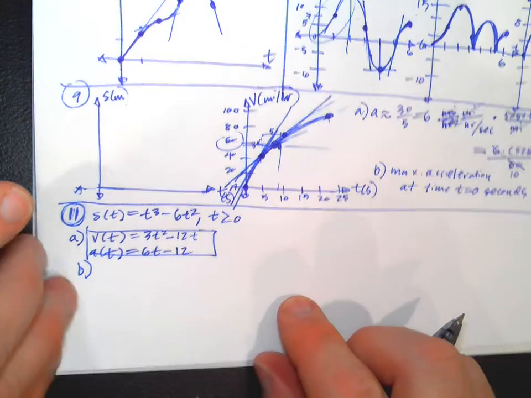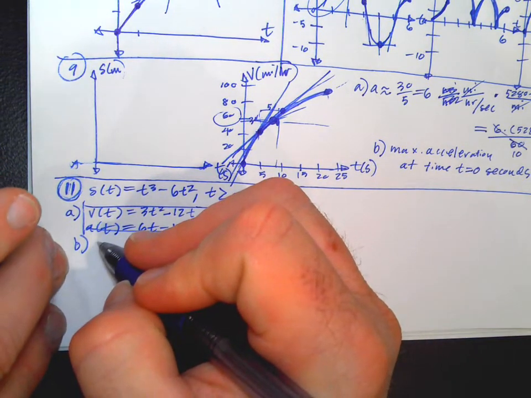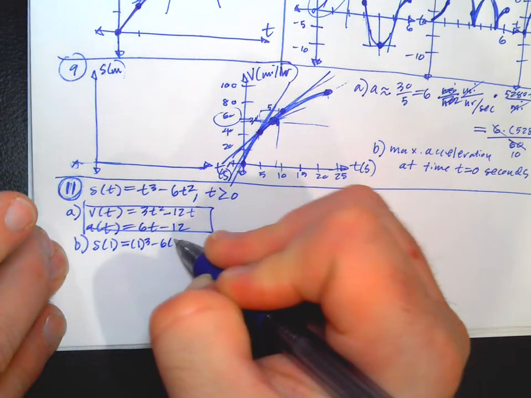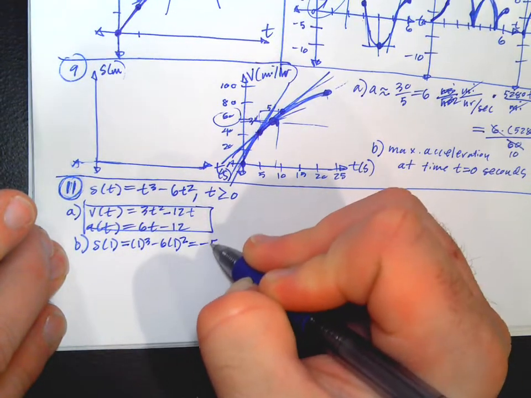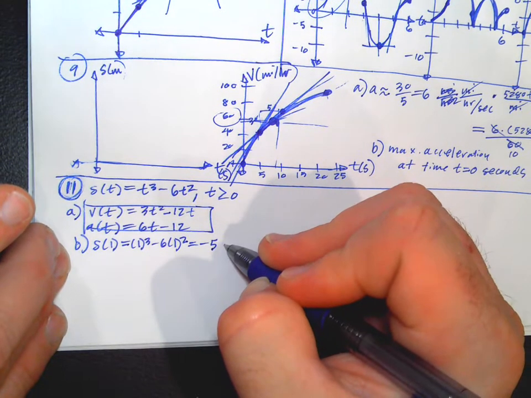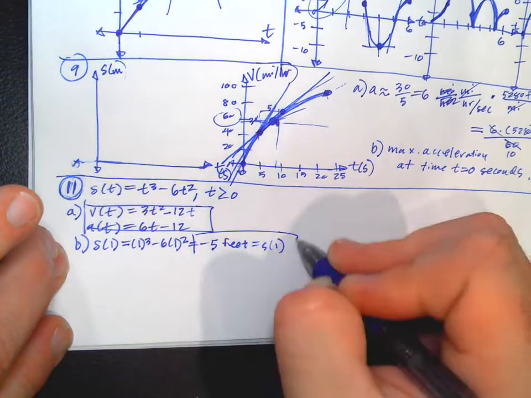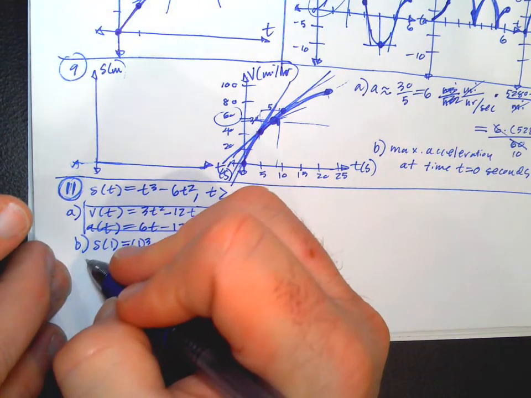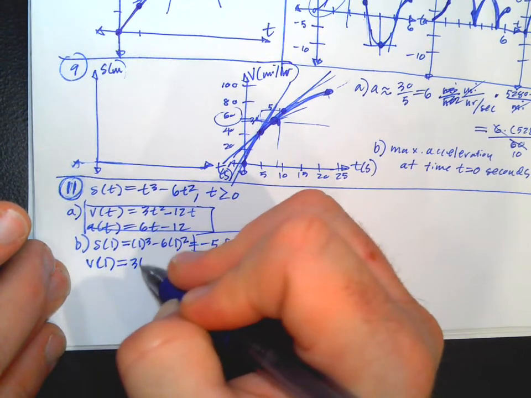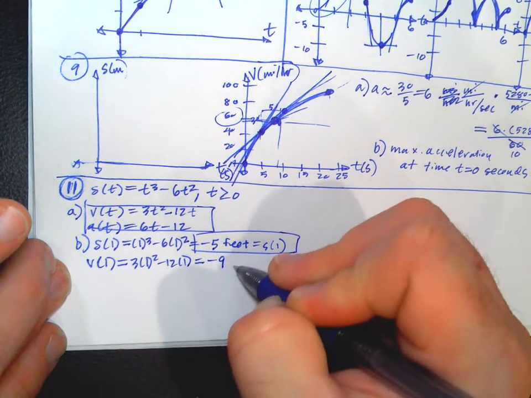B says find position, velocity, speed, and acceleration at time 1. So we just plug 1 into each of these equations. So we can get -5. Do we have units here? Oh, feet and seconds. So position at 1 is in feet. And then velocity and speed. Velocity is going to be in feet per second.